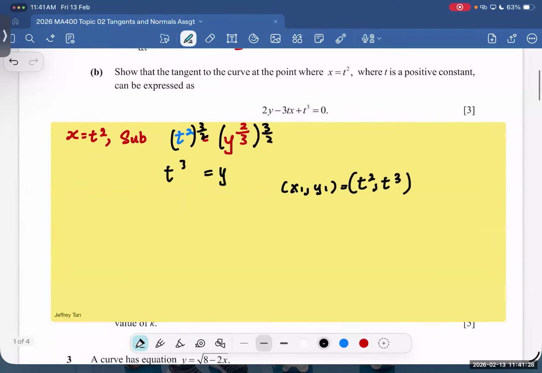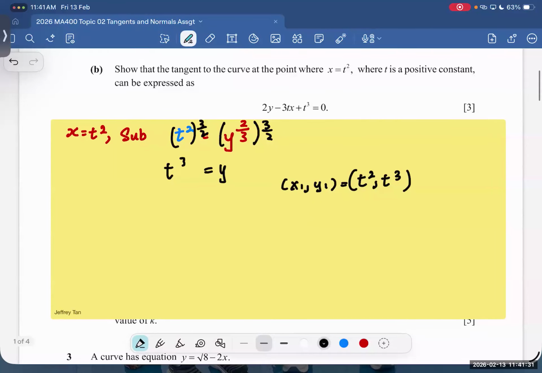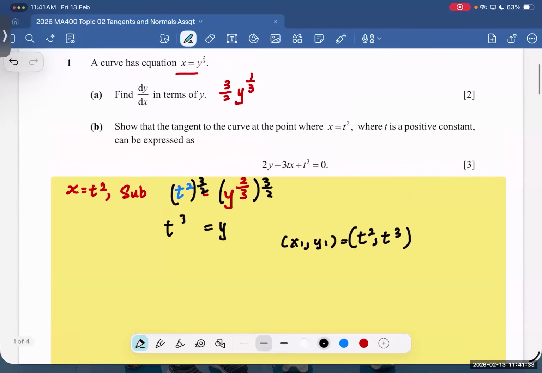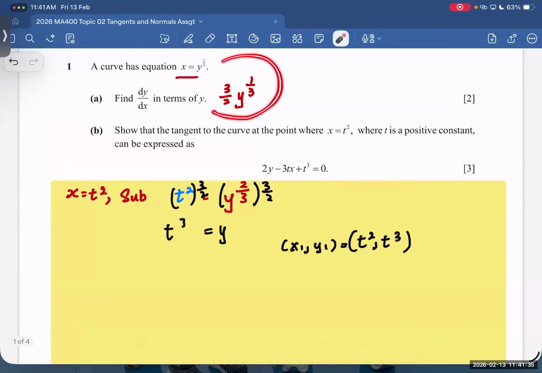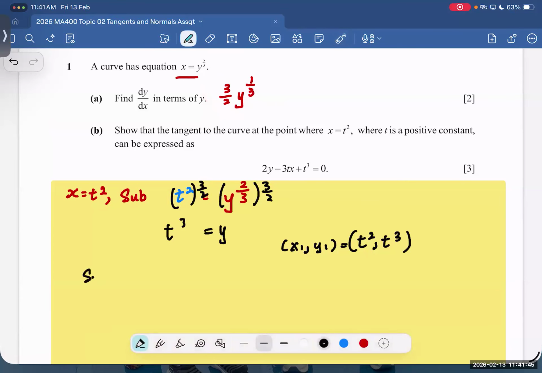Next, I find my gradient. What's my gradient? This is the given here. Now, the difficulty about this question is it's in terms of y. So I sub y equals t cube.